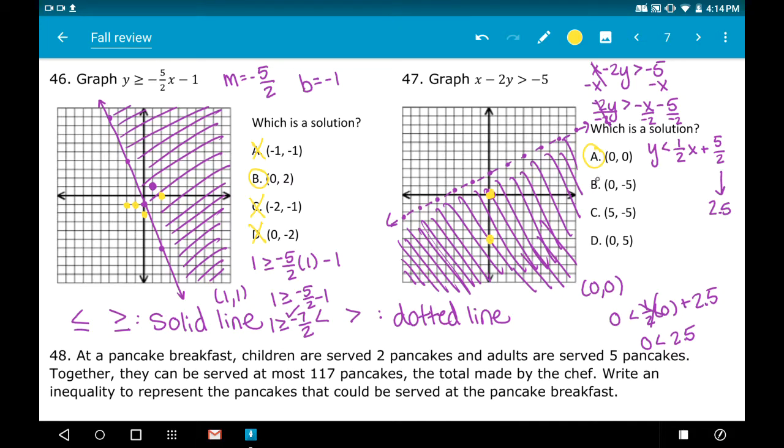That one is also a solution because it's in our shaded area. 5, negative 5. 1, 2, 3, 4, 5. That one right there is also a solution because it's in our shaded area. So 0, 1, 2, 3, 4, 5. That one is not in our shaded area, so not a solution. So A, B, and C are all solutions to this one.